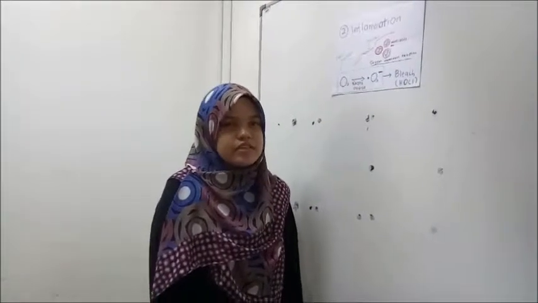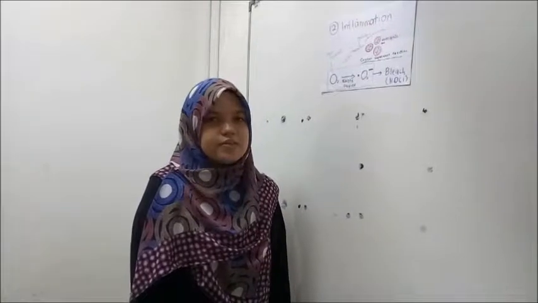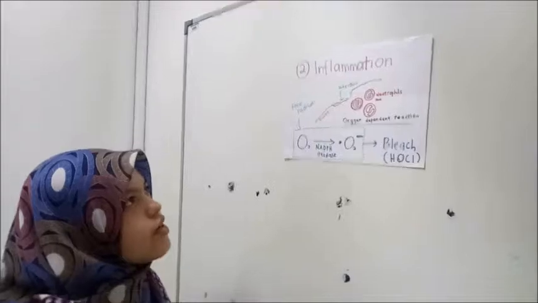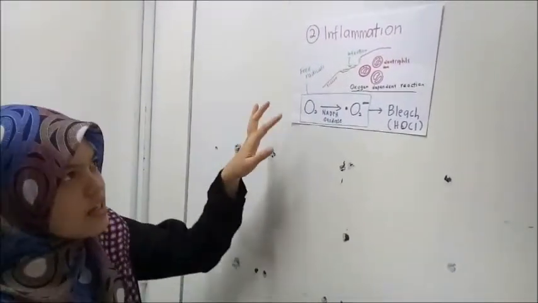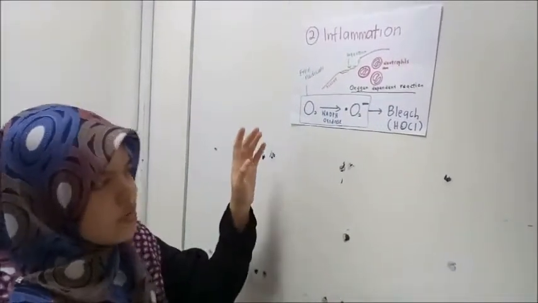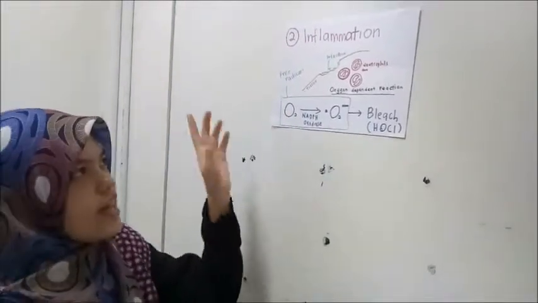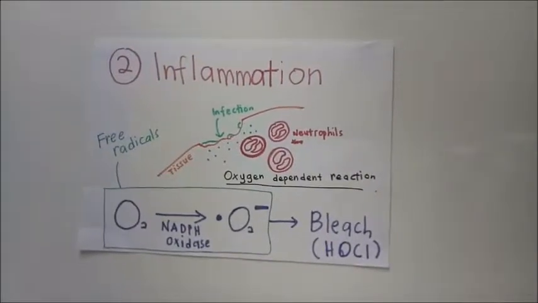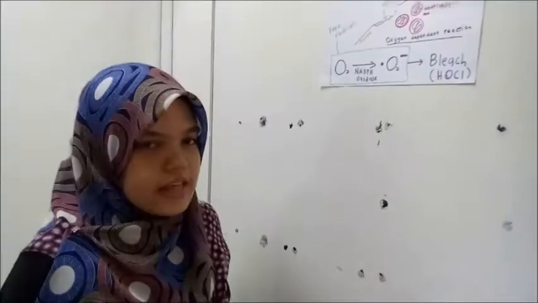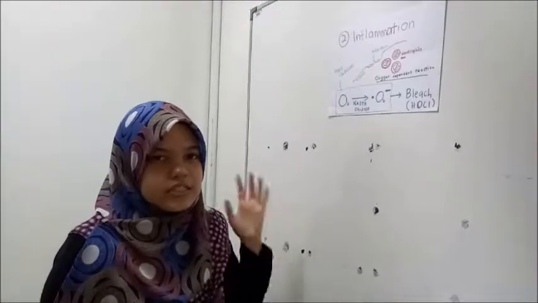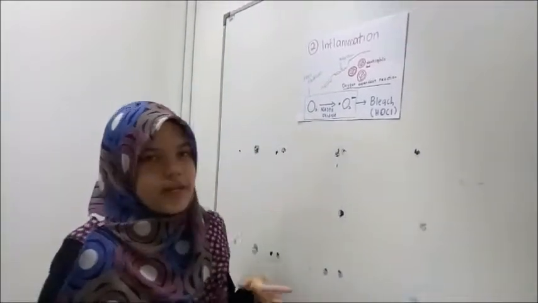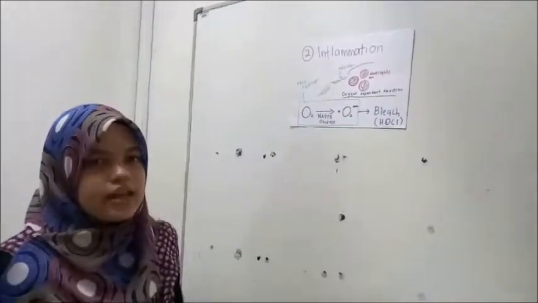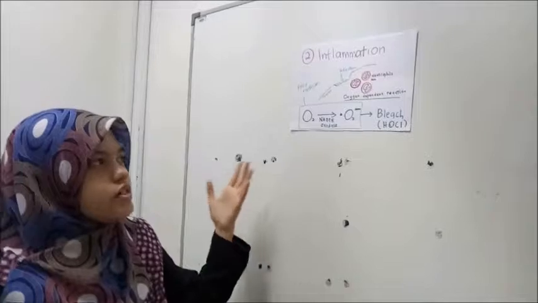The second cause for the formation of free radicals pathologically is inflammation. When you get an infection, neutrophils will come and help to fight that infection. There are 2 mechanisms that can be used to kill microbes: oxygen dependent and oxygen independent reactions. Here we will focus on the oxygen dependent reaction, which of course uses oxygen.